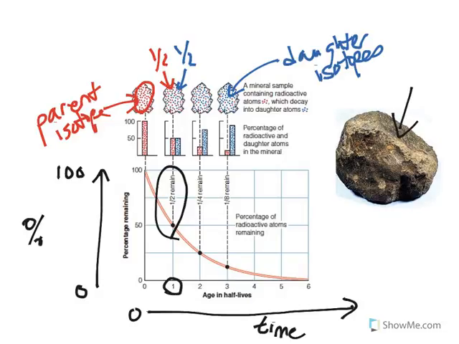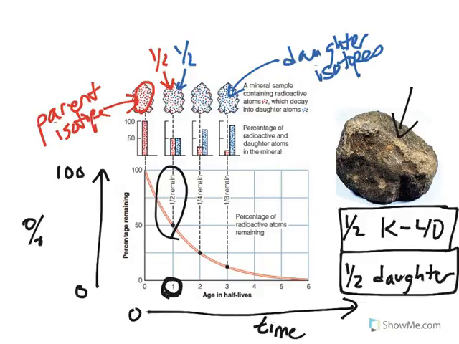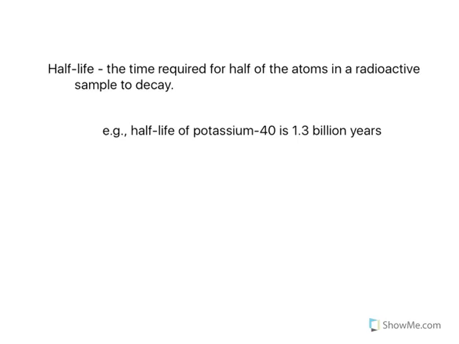So let's say you studied this rock right here, and you're looking for the potassium-40 in the rock. Let's say you analyze the rock and you see only 1/2 of potassium-40, and the other half is a mixture of the daughter isotopes. Since only half of the potassium-40 is remaining, you would conclude that only one half-life has occurred.